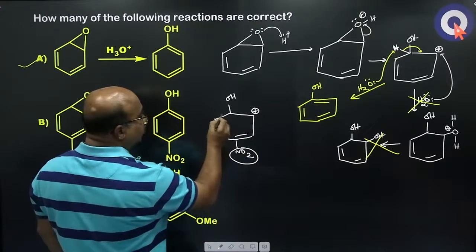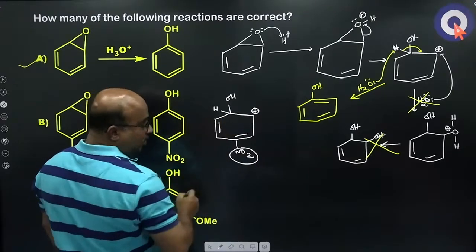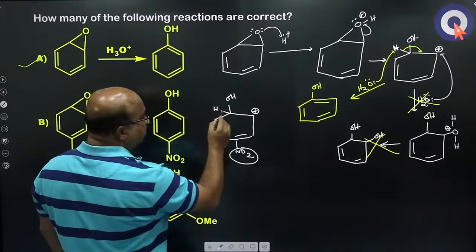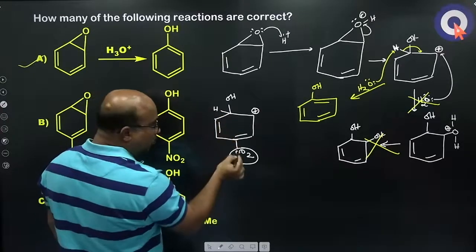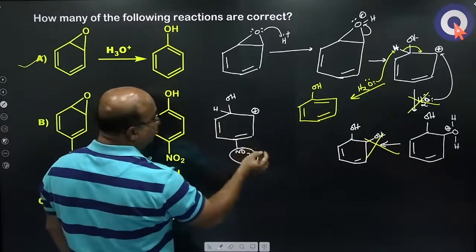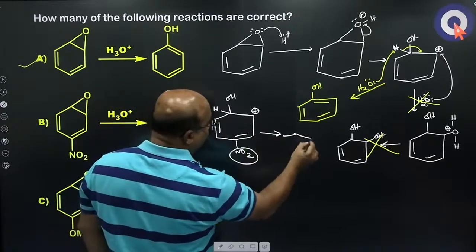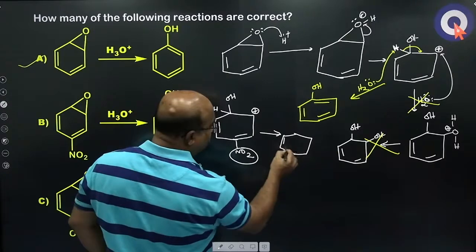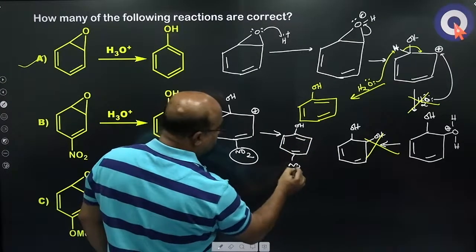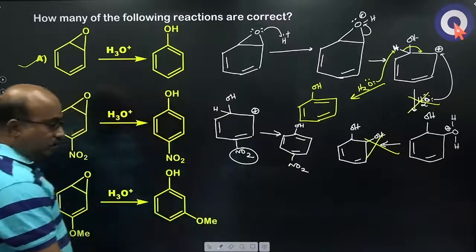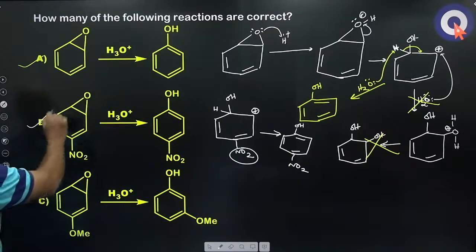Now this hydrogen is acidic. Then this hydrogen can be lost. When it is lost, you will get negative charge here. That is also stabilized by this NO2. So you will see immediately the double bond formation between these. So this can be correct even.